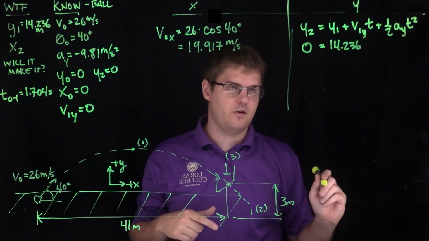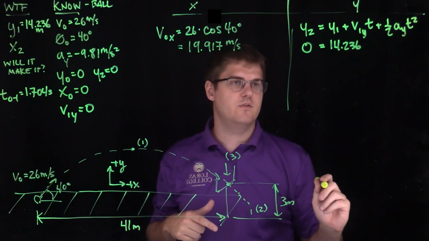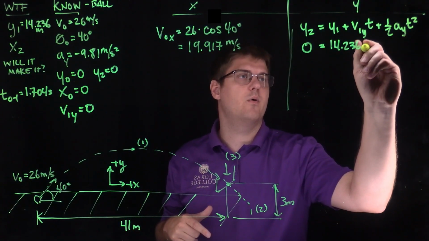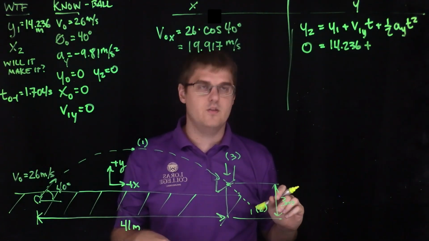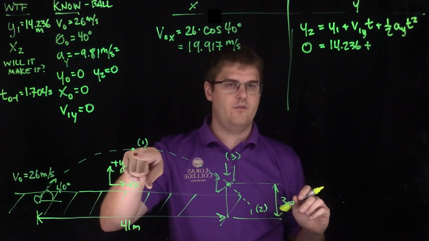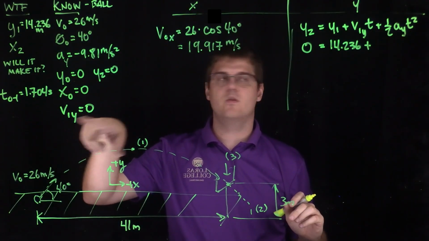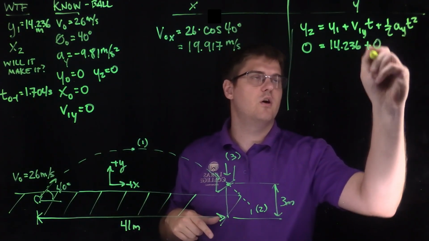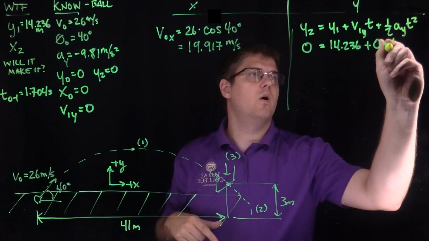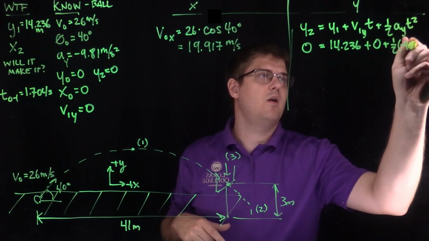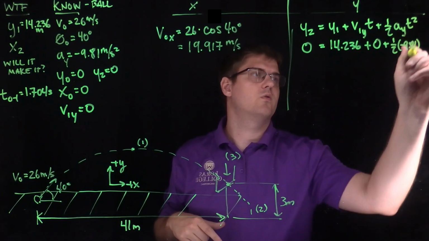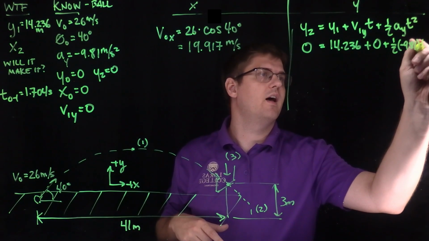I'm sorry, I'm going to start getting rid of units just because of the space on this board. I would not recommend doing it in your notes. Velocity 1 in the y, well, at the very peak, we said is 0. So that is 0 plus 1/2 acceleration in the y, negative 9.81 meters per second squared, times the time squared.